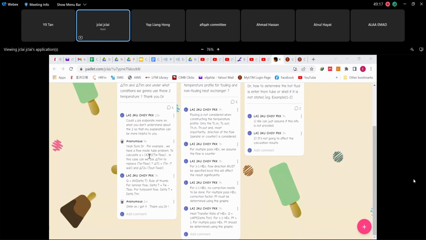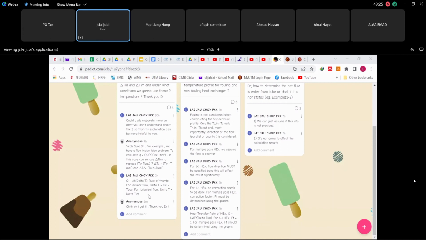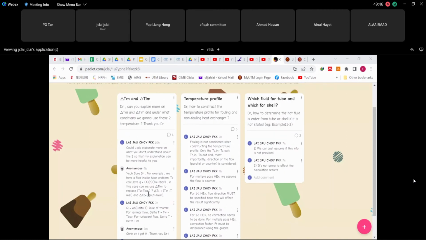But for turbulent flow, you use delta T log mean, meaning delta T here equals TW minus TB log mean. So for turbulent flow, you need to use delta T log mean, as simple as that. For laminar flow, you use delta T mean.